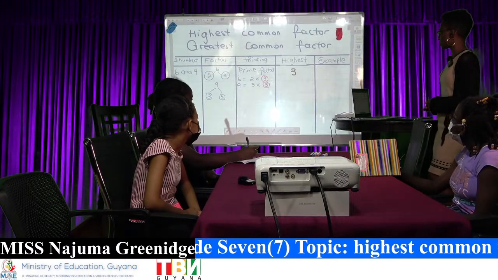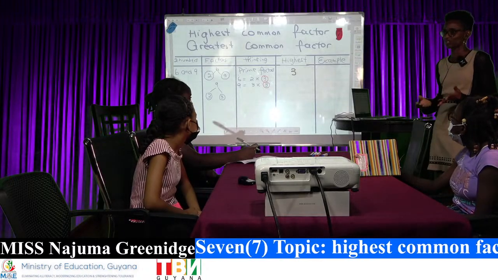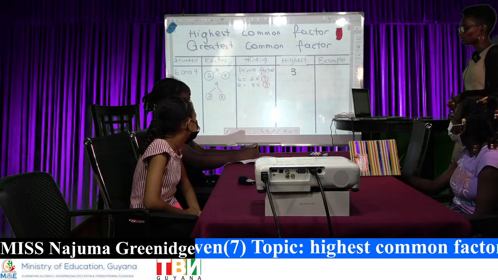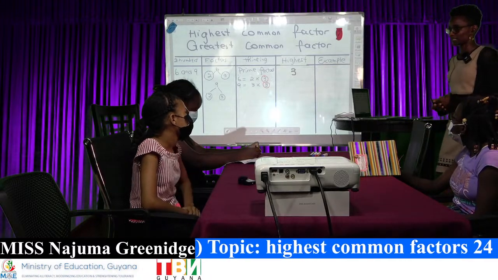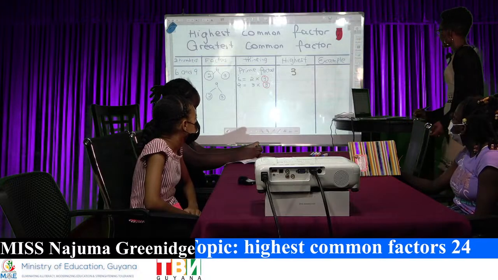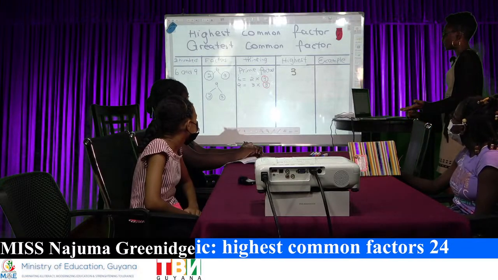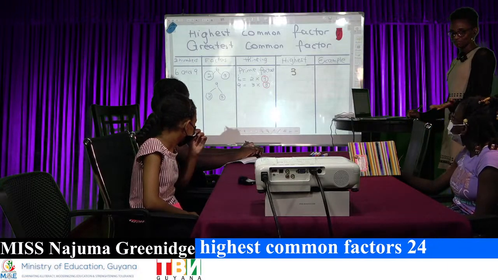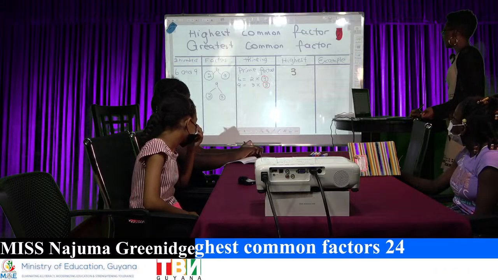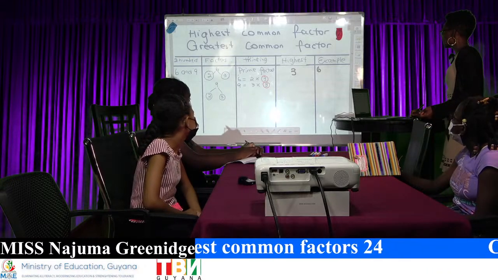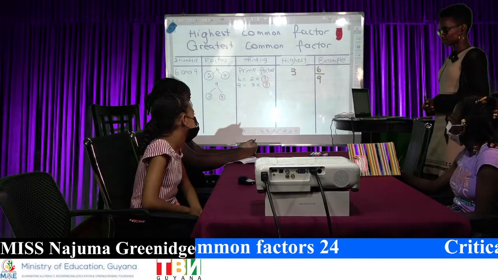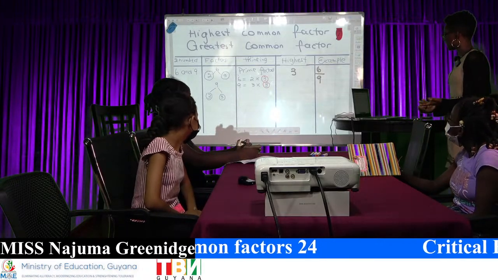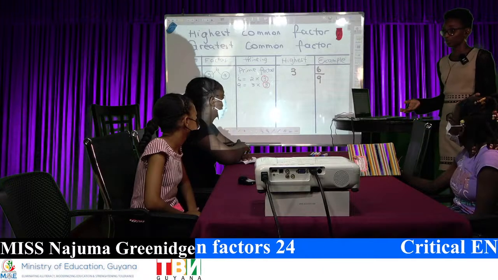Now why do we use highest common factor or greatest common factor? We use them when we want to reduce fractions, or terms that are similar in nature. Remember we started out with our numbers 6 and 9. If I express 6 divided by 9, I can reduce that into what we call an equivalent fraction.